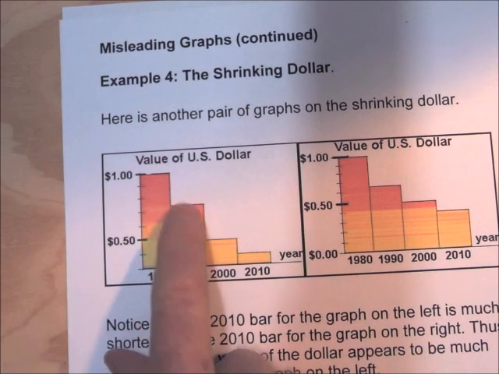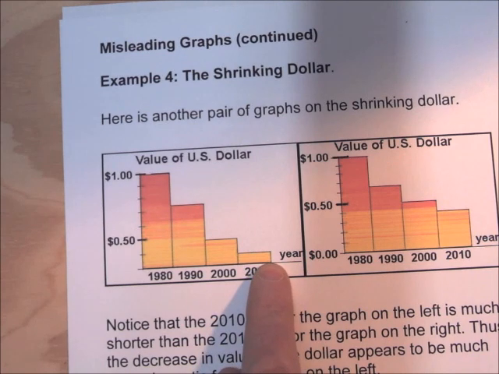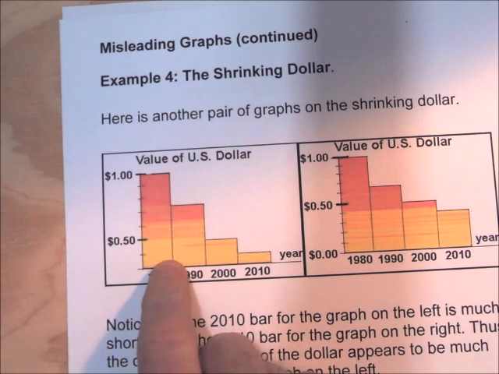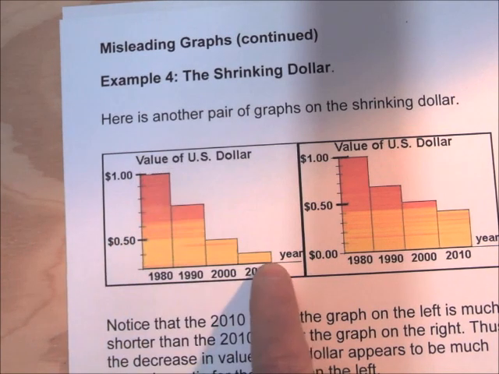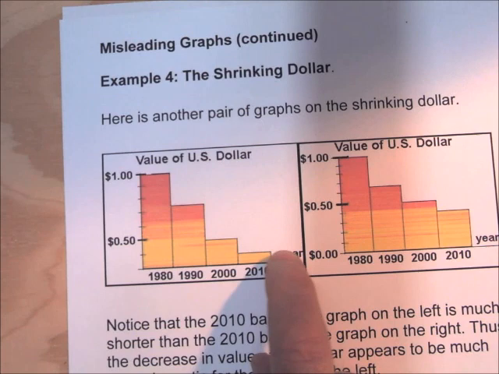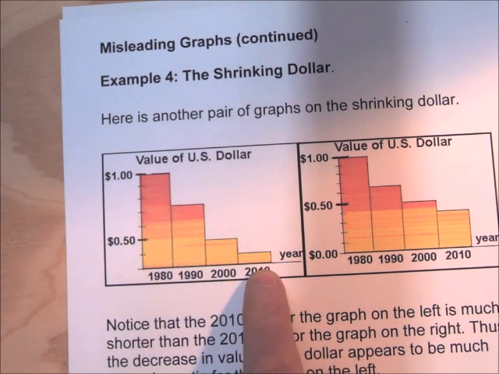Here's another example of a misleading graph, also about the declining value of the dollar. Here we have 1980 with a full dollar value, and by 2010 it looks like maybe 1/10 of what it was in 1980.